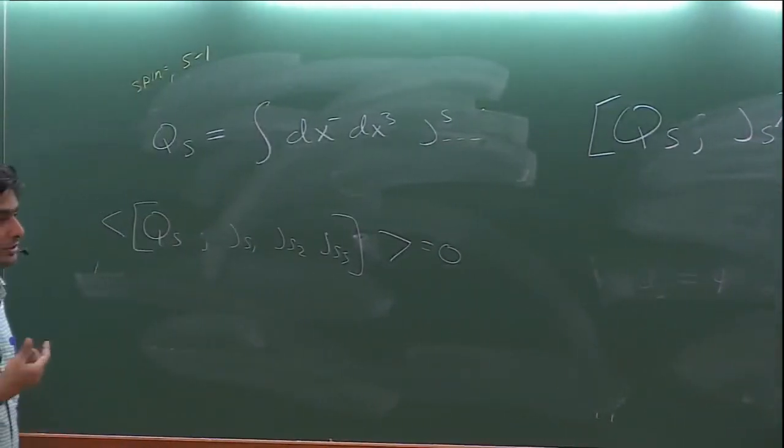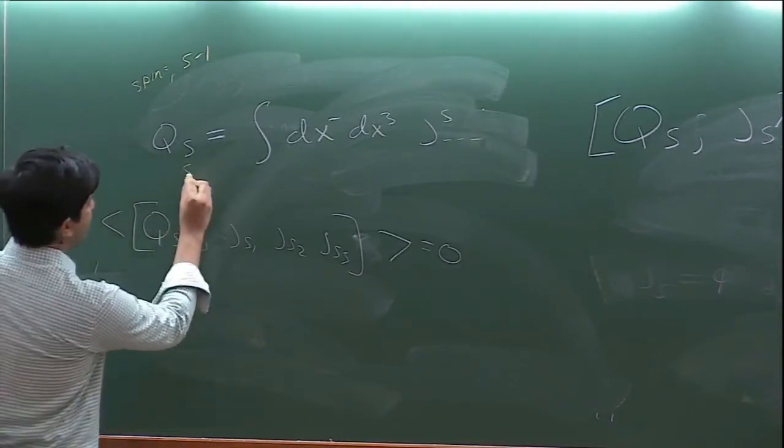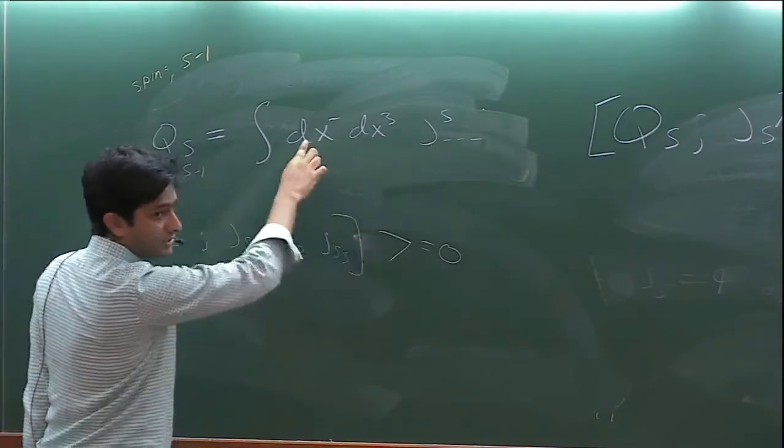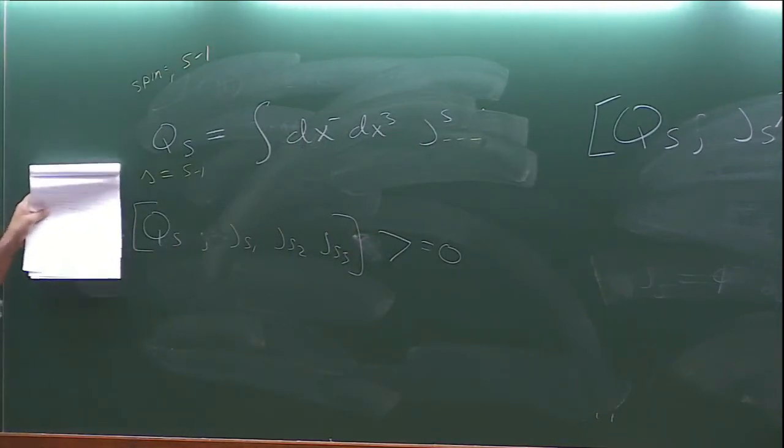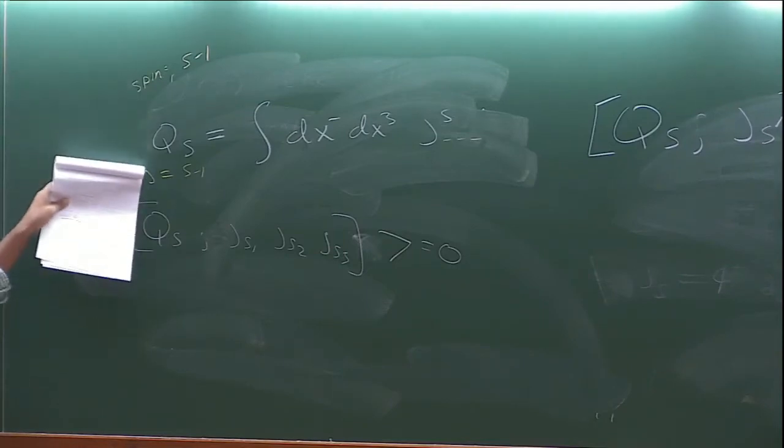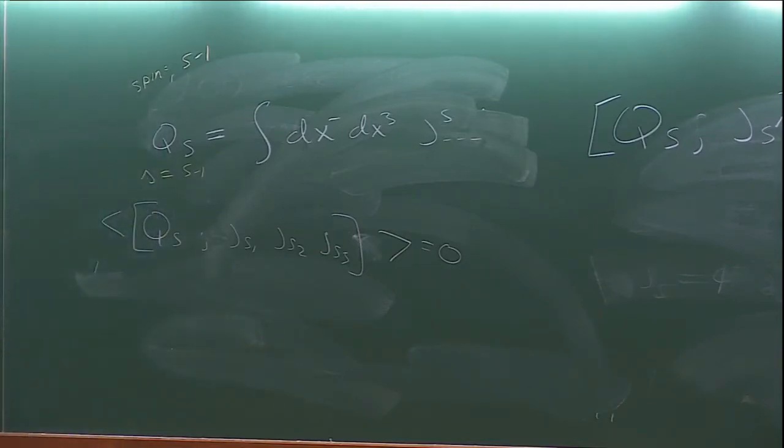Just like the conserved charge for the stress tensor is momentum, which has spin 1. And its dimension is also s minus 1, because this is s plus 1, and these kill two dimensions. So the dimension is s minus 1, and it's convenient to define a quantity called twist, which is the spin minus the scaling dimension. So Qs has twist 0.